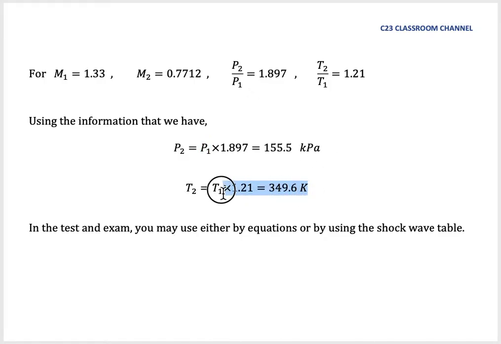For temperature at point 2 here, we do the same calculation, we get 349.6 Kelvin. The three answers here are exactly the same as the answers that we get from the equation calculation. In tests and exams, you may use either the equation or the shock wave table to get your answer.